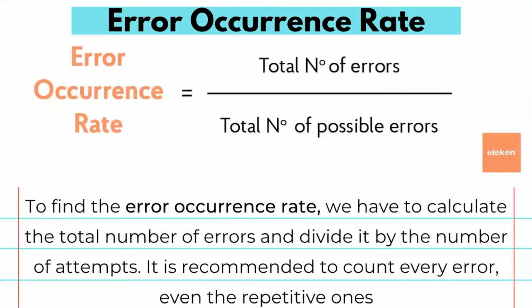Next, you have your error occurrence rate. To find this, you would have to calculate the total number of errors and divide it by the number of attempts. It is recommended to count every error, even the repetitive ones.